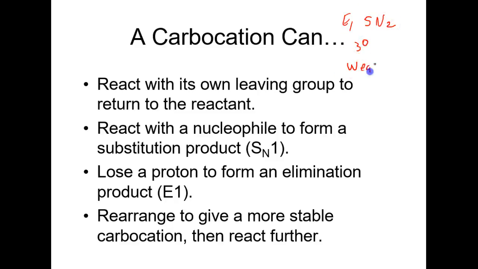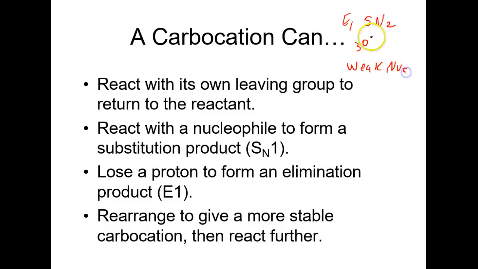Tertiary, weak nucleophile. So you're going to have competing reactions, just like the last slide. But to favor the E1, you want to heat it and add a bulky base. To favor SN1, don't heat it and don't add a bulky base. Just the exact opposite.